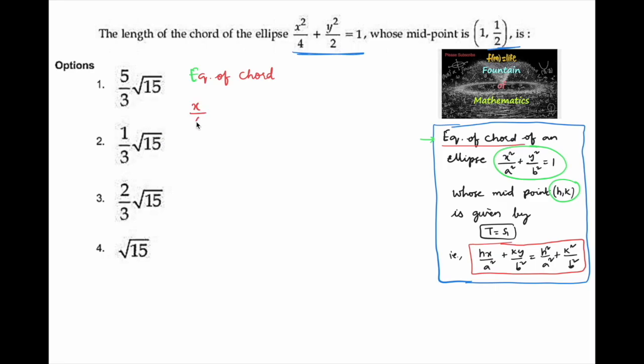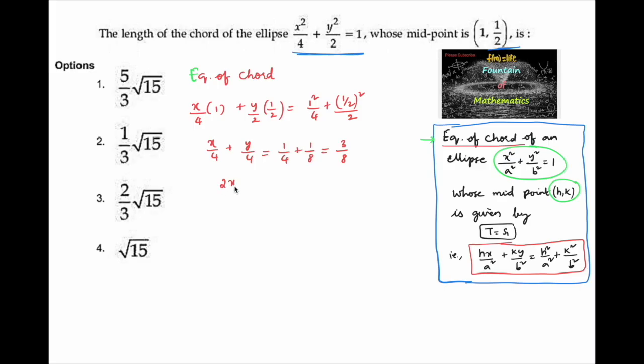So here we can say the equation of chord, so we can write x upon 4 into h value is 1 plus y upon 2 into 1 by 2 is equal to 1 square by 4 plus 1 by 2 whole square divided by 2, that is x upon 4 plus y upon 4, which is equal to 1 by 4 plus 1 by 8, that is 3 by 8.